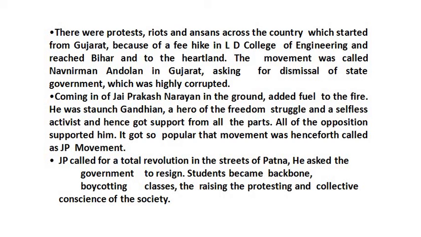The coming of Jai Prakash Narayan onto the ground added fuel to the fire. He was a staunch Gandhian, a hero of the freedom struggle and a selfless activist. Hence he got support from all parts. All of the opposition supported him. He got so popular that the movement was henceforth called the JP movement.